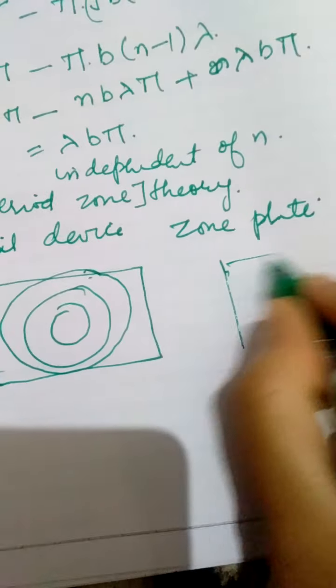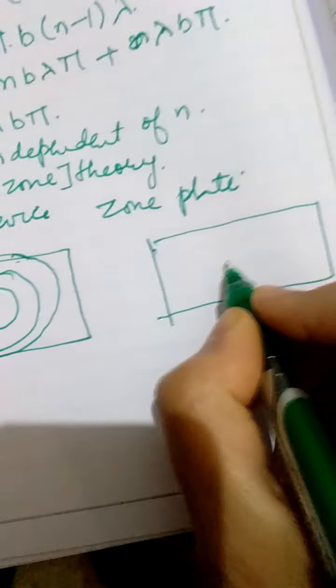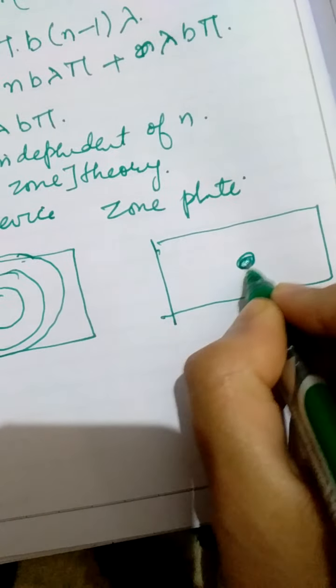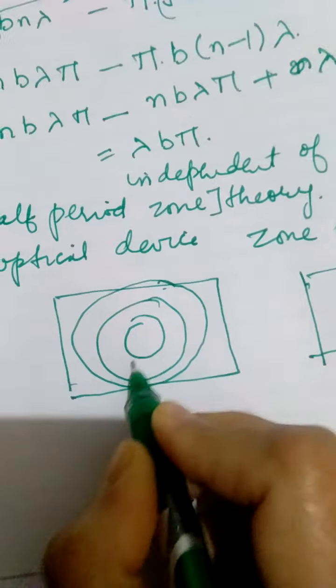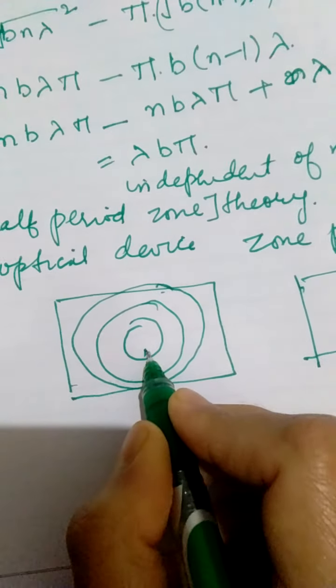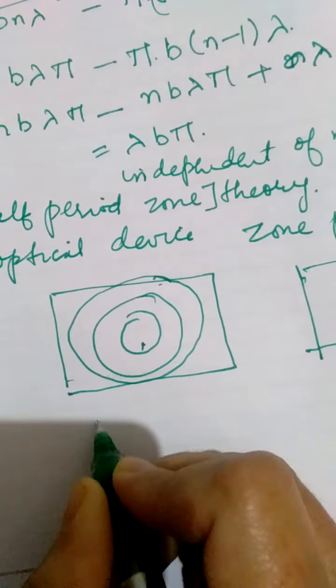Right? Now it can be done in two ways. Either the central portion, the central circle or the first circle will be bright.